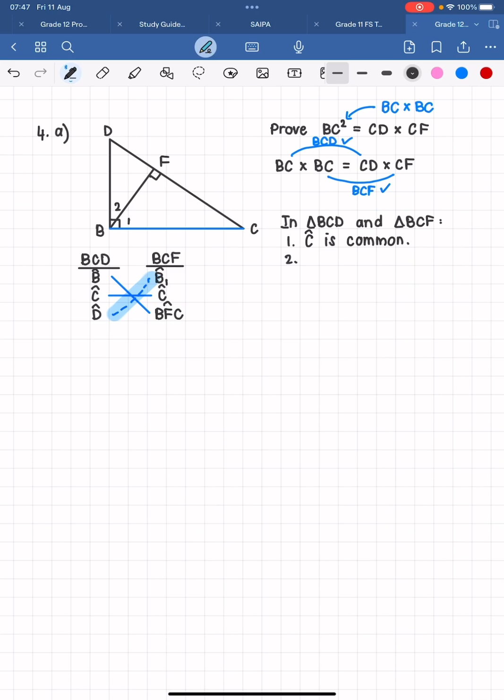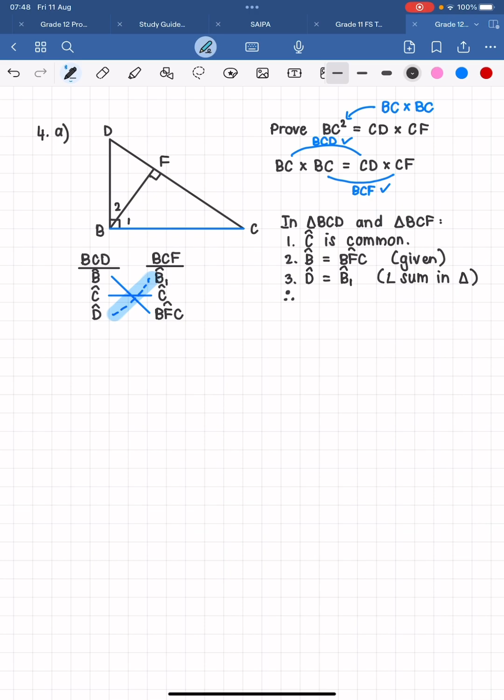Okay, we said that angle B was equal to BFC, and that was given because they are showing us in the picture that those two angles are equal to 90 degrees. And then lastly, we're going to say angle D is equal to angle BCF, and now that is because of angle sum in triangle.